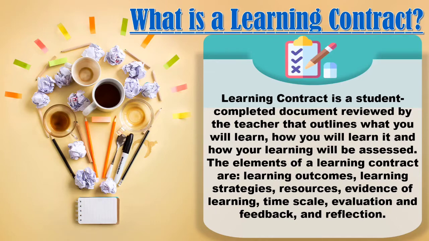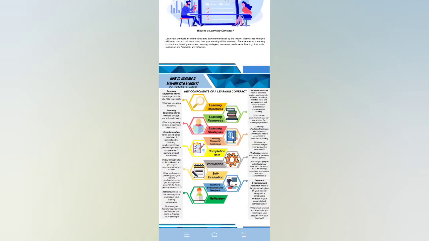And those are resources, evidence, strategies, outcomes, evaluation, and so on. Remember that this learning contract is done by the student, you, and is reviewed by the teacher. So every lesson you need to have a learning contract. These are the key components of a learning contract.